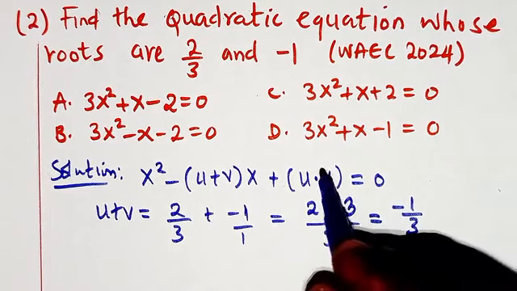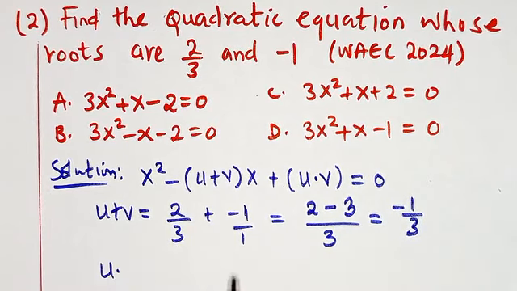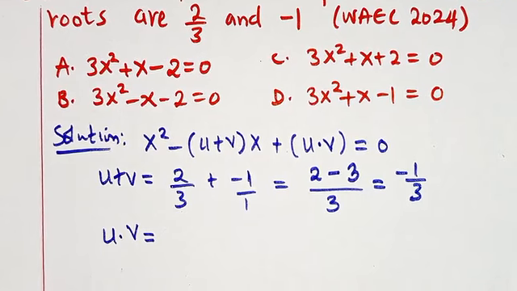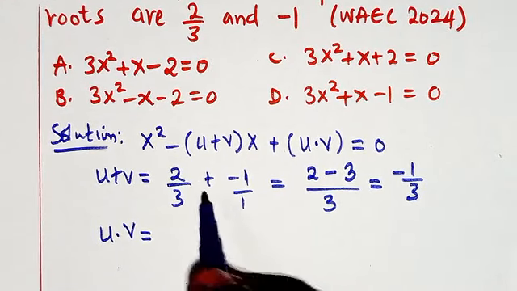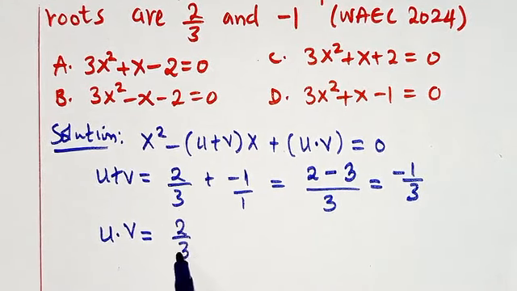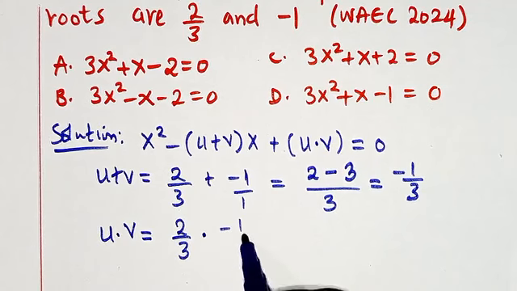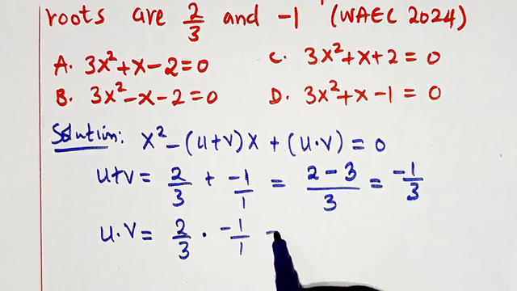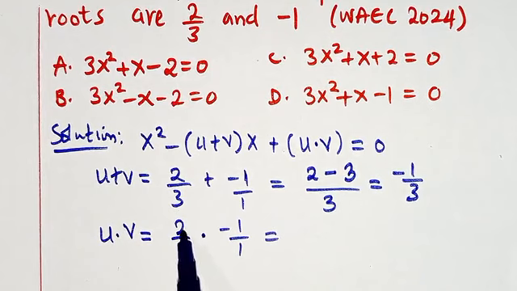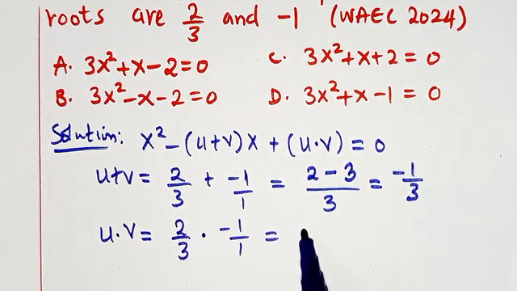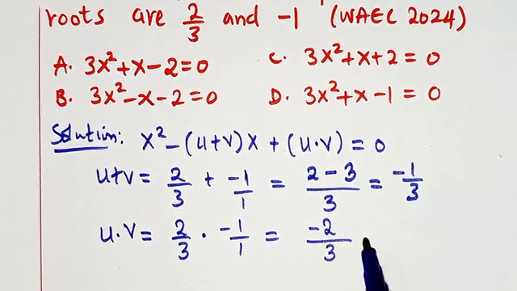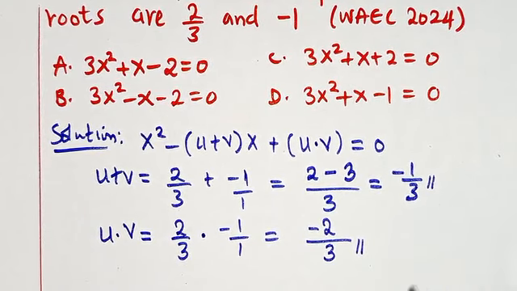Now we look for the second, that is u dot v, which is the product of the roots. The product of the roots is 2 over 3 multiplied, this dot is multiplication, by minus 1 over 1. So 2 times minus 1 is minus 2, then over 3 times 1 is 3. So we have the product to be this, and the sum to be this.